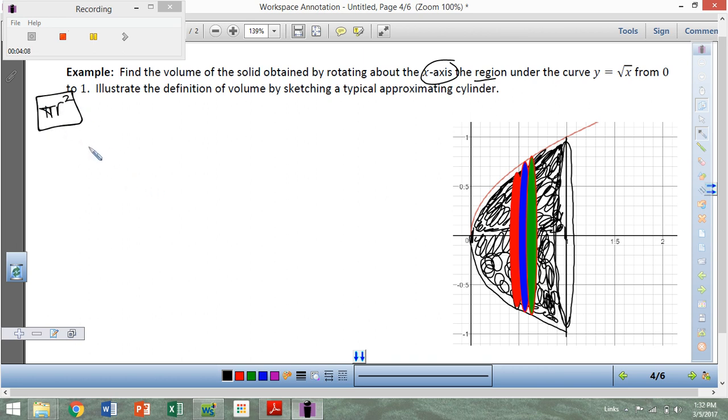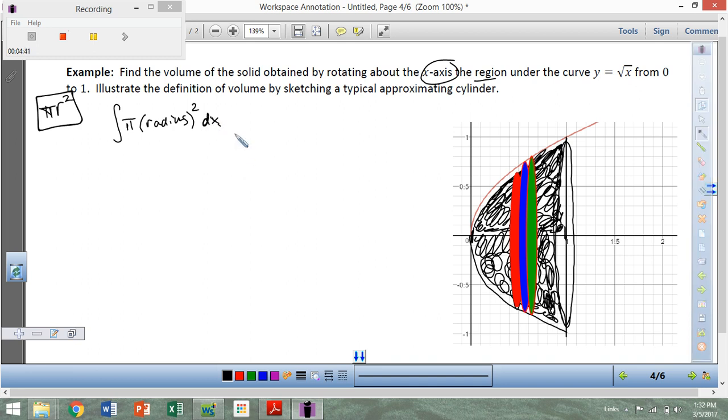I'm going to add up a bunch of areas of circles, so I take pi r squared and add all those up. That's why you get the integral. The integral of pi r squared, except usually our radius is going to be determined by the function. So I'm going to have pi times the radius squared, and then dx.